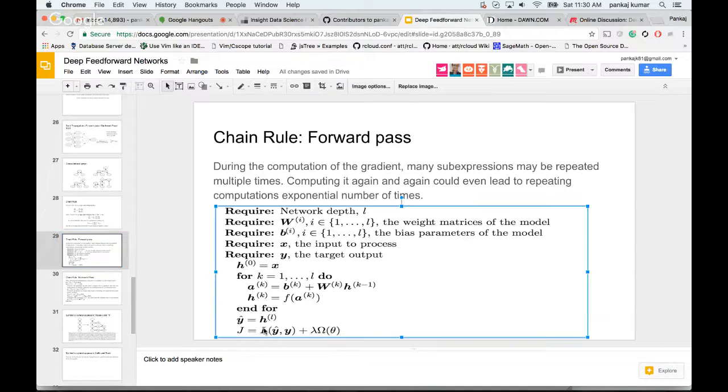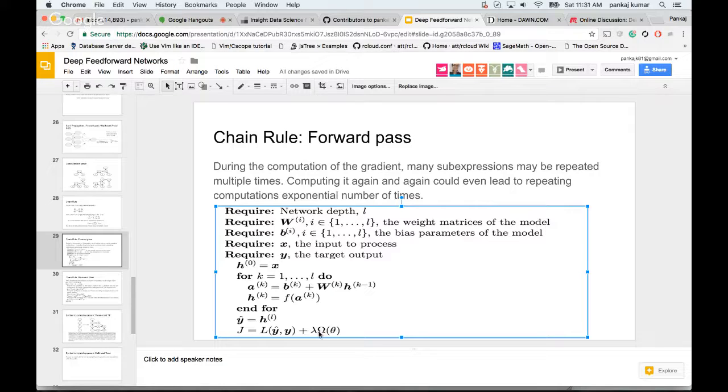And then the loss, the J here, also has a regularization term. It's penalizing very big weights. This theta you can think of as the set of all weights and biases.